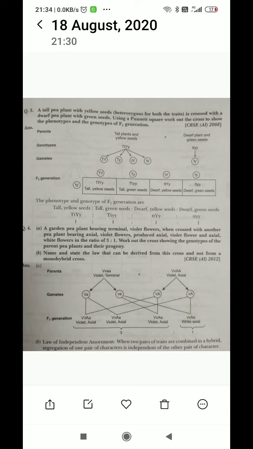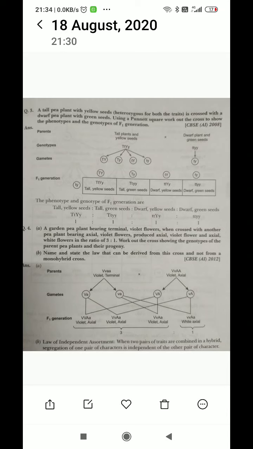And the second condition, capital T, small t, small y, and the third condition is small t, capital Y, small y, and fourth condition is small t, small y. And below you will have to write the phenotype and genotype of F1 generation in 1:1:1:1 ratio: tall yellow seeds, tall green seeds, dwarf yellow seeds, and dwarf green seeds.